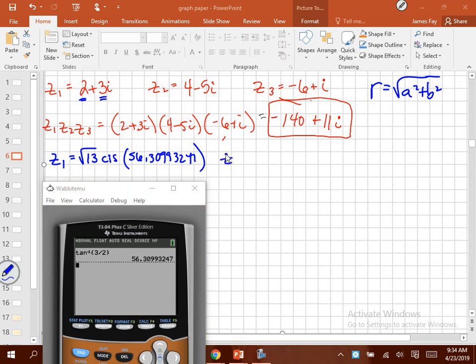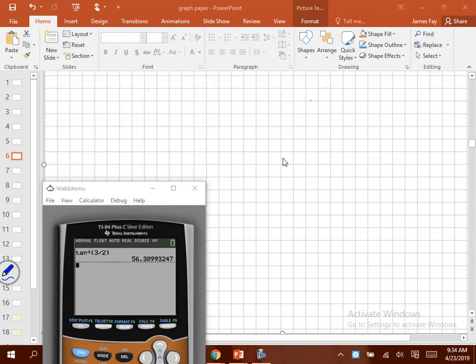The next thing I want to do is find Z2. So 4 squared, 16, right? 5 squared, 25. 16 plus 25, 41. And then we're going to write cis.